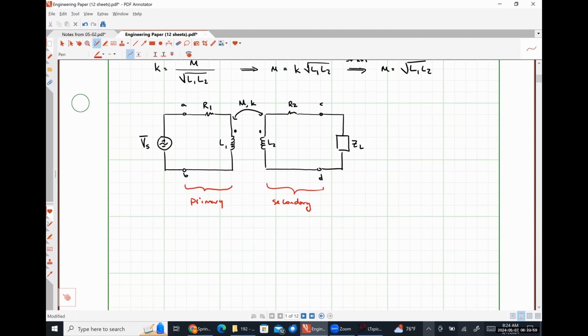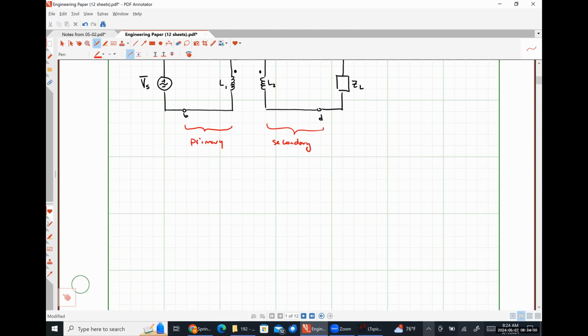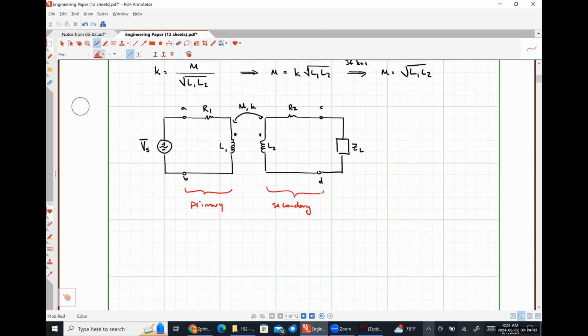So we can use this and the relationships that we have previously developed to refer all of the stuff that's connected on the secondary windings over to the primary windings to find an equivalent impedance. So the impedance Zn, let me draw a current here.